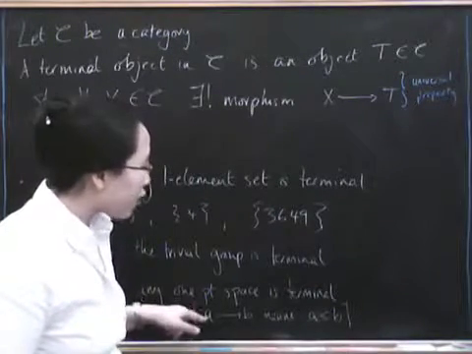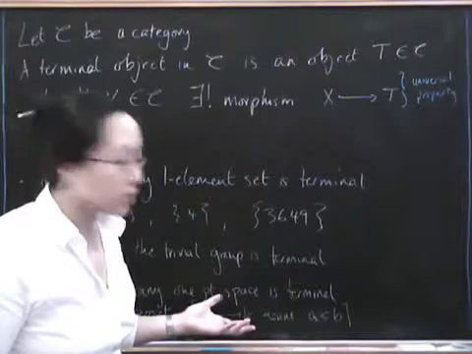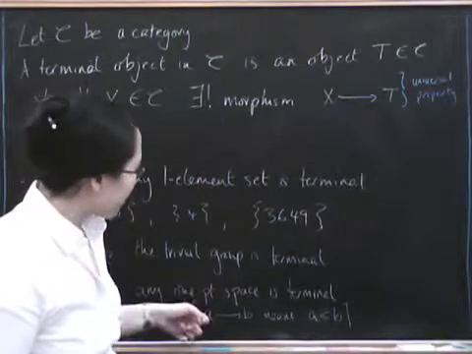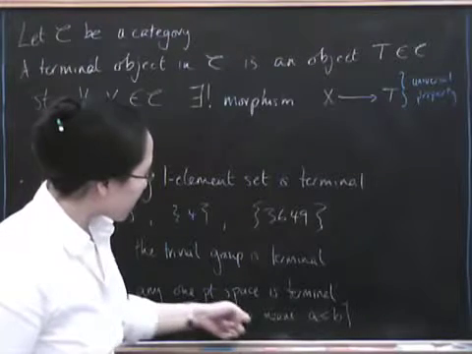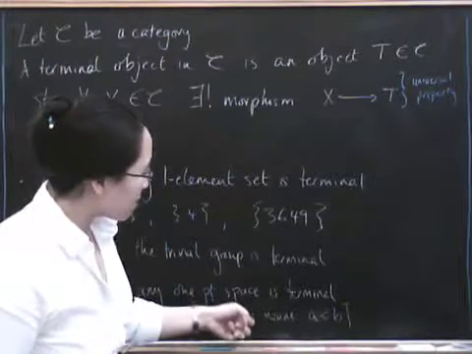Well, it means given any other object, all morphisms between objects are unique. So we can ignore the uniqueness part. Given any other object, there's a morphism to that one, which means that that one must be maximal.